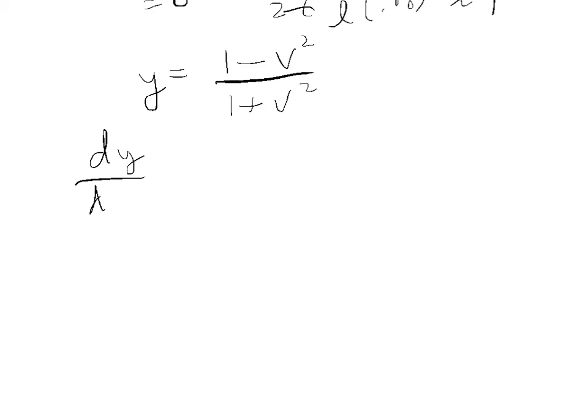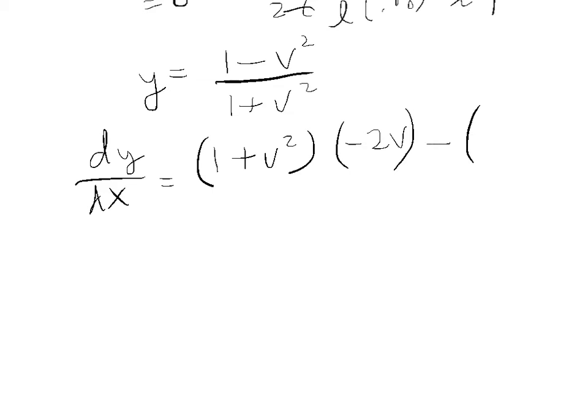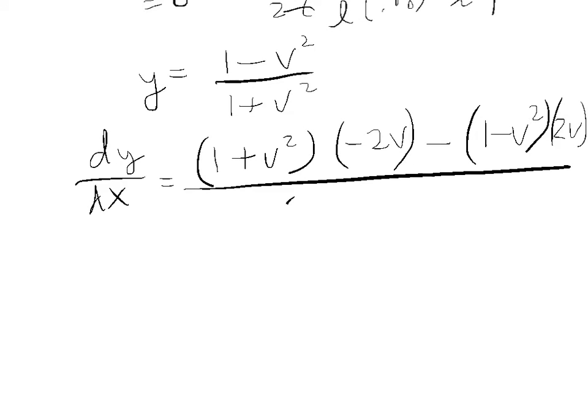So dy dx is, we're going to use the quotient rule, low d high, which would be negative 2v, minus high d low, 2v, whoops, I just put a square in there, that's not 2v, high d low, all over low squared.